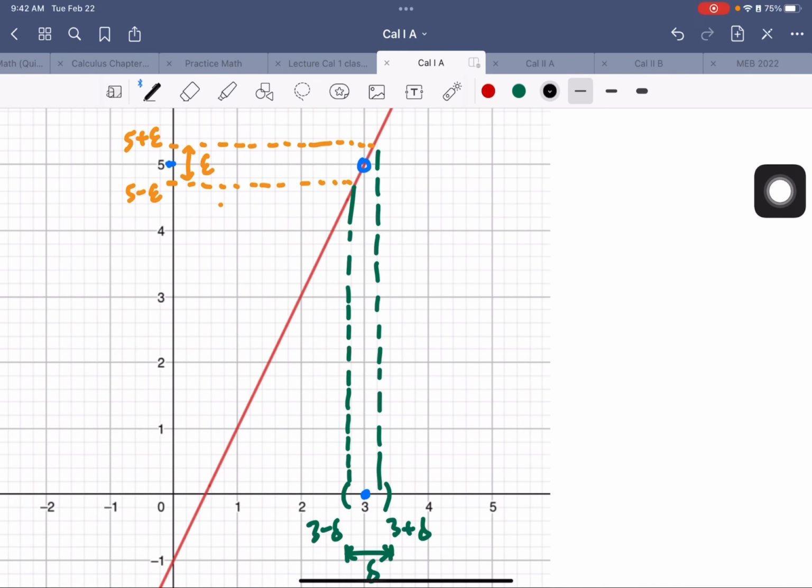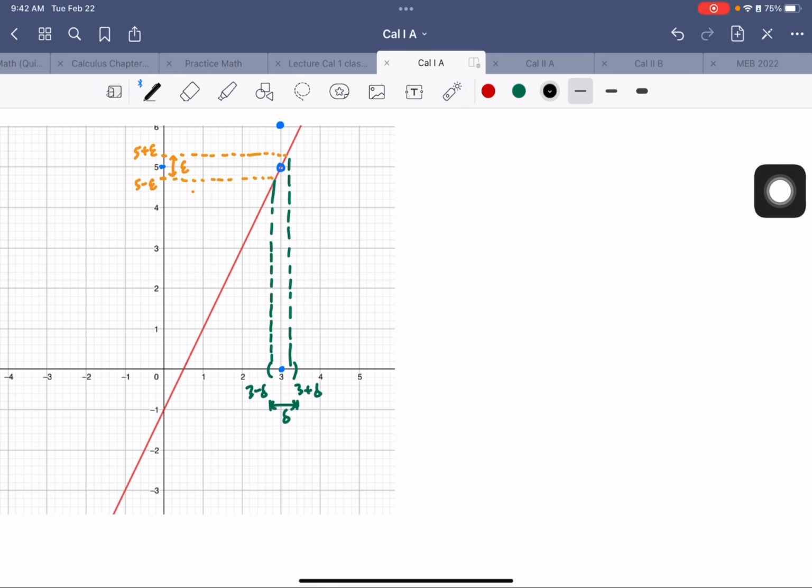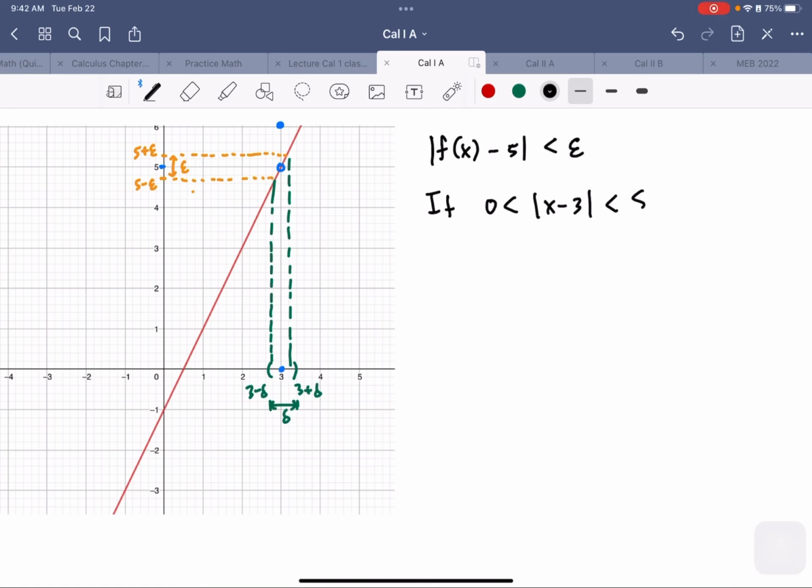So we can write that the distance is just an epsilon if the distance is between 0 and some delta, and we say that delta is always epsilon divided by 2.